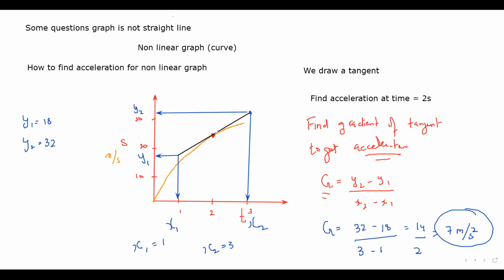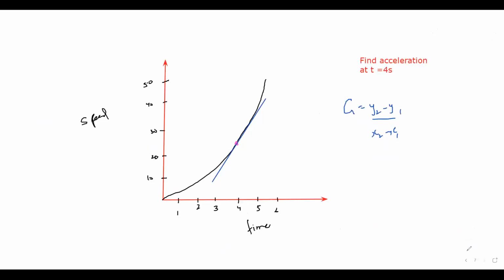Because if I draw from the bottom, it will cut. So if a graph line's slope is decreasing, you will draw the tangent at the top. If its slope is increasing, you will draw the tangent at the bottom. So the position of the tangent changes with the graph line. So in this case, we should draw the tangent beneath or below the graph line so that it will not touch or cross the graph line.